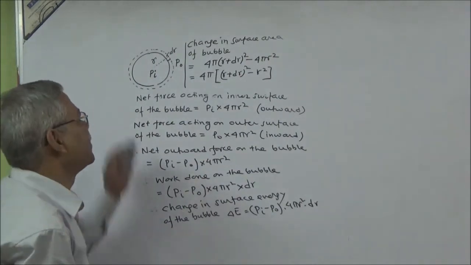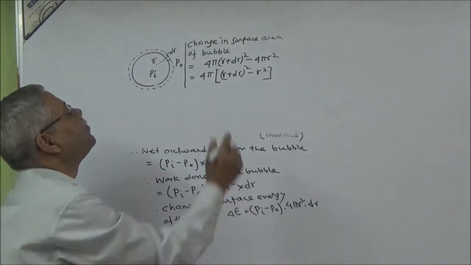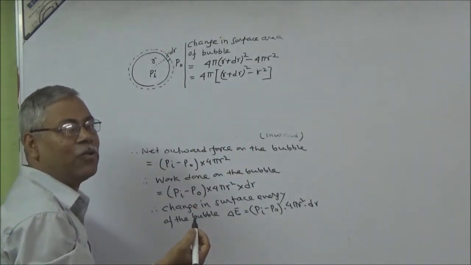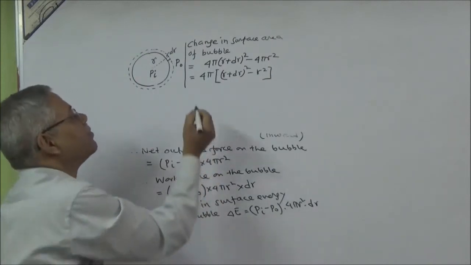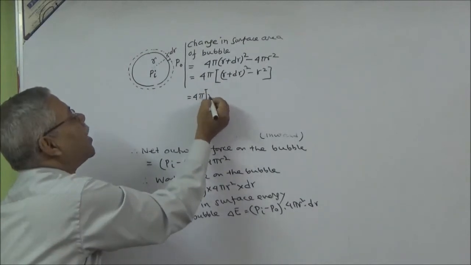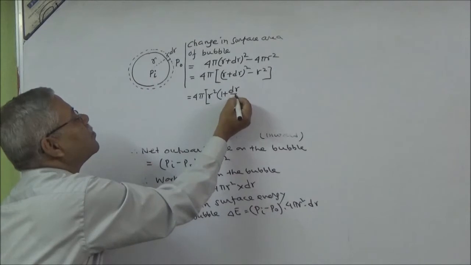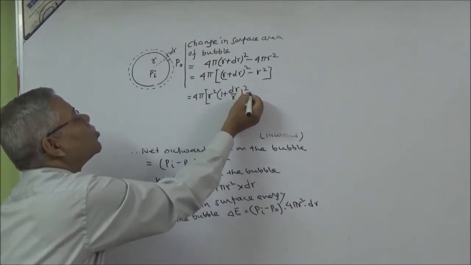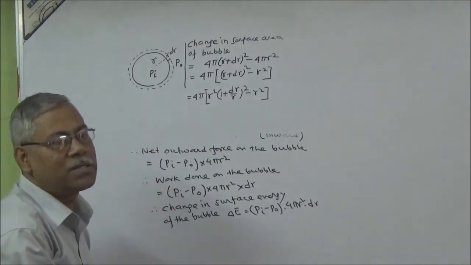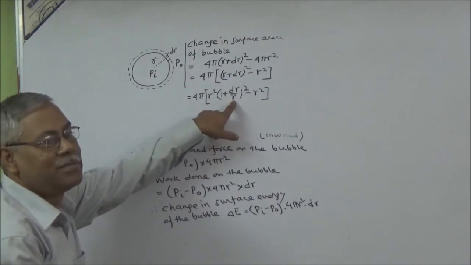We will take r outside and go for binomial approximation: 4 pi r square into (1 plus dr by r) whole square minus r square. But what about dr by r?